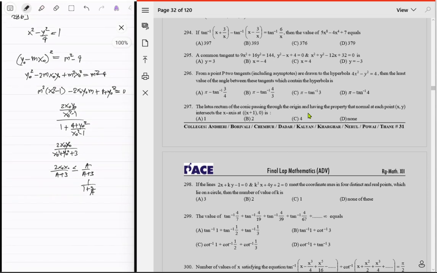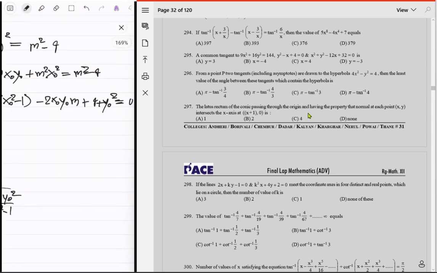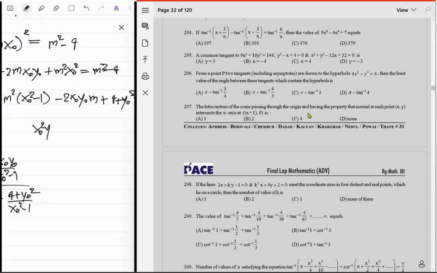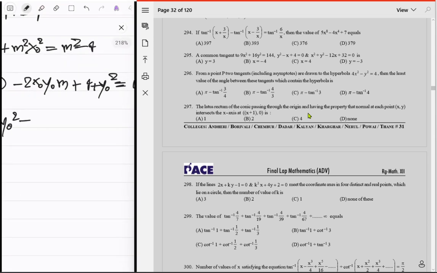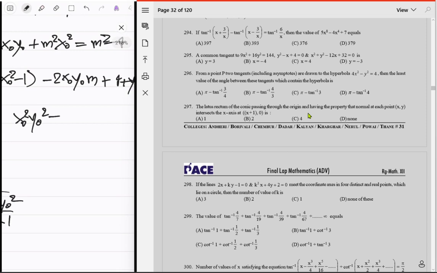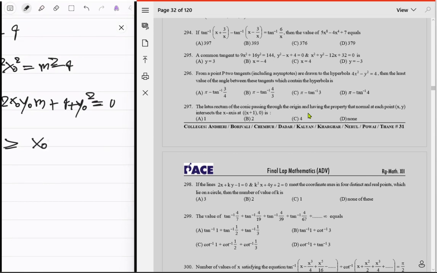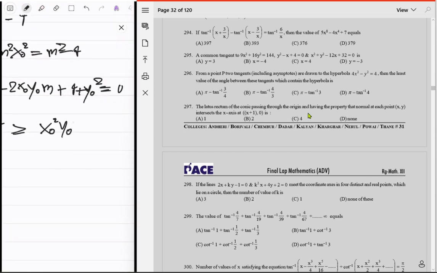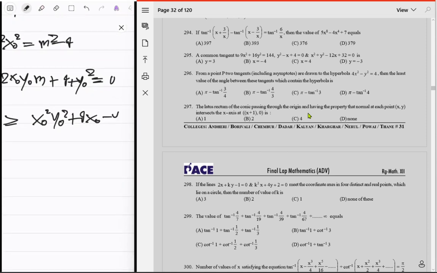So this should actually have real values, at least that's one thing. So take this का discriminant क्या रहेगा? B square is like x naught squared y naught squared. That's 4ac जो भी है. Yeah, this should be bigger than or equal to 4, which is x naught squared y naught squared plus 4x naught squared minus y naught squared minus 4, right?